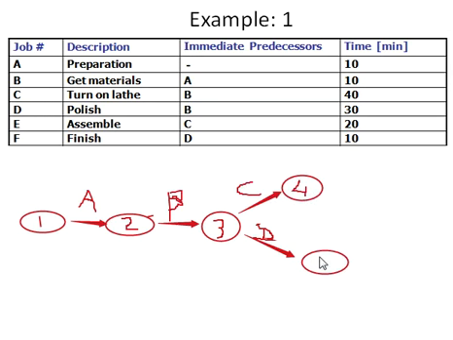The next activity we have is E, and that can be initiated after completion of C. So activity C is here, so we can start our next activity E at the end of C, and we name another node as point number 6, and this is our activity E.